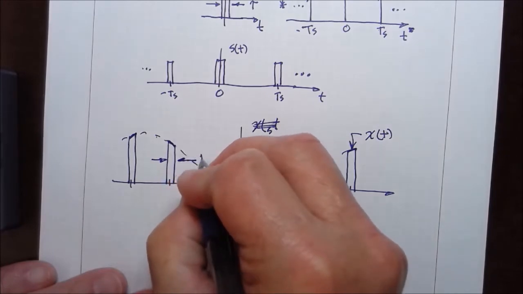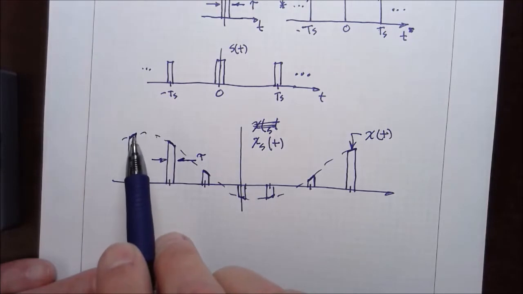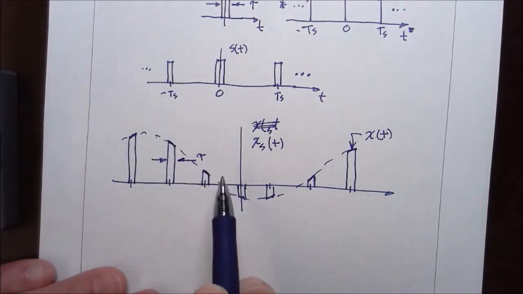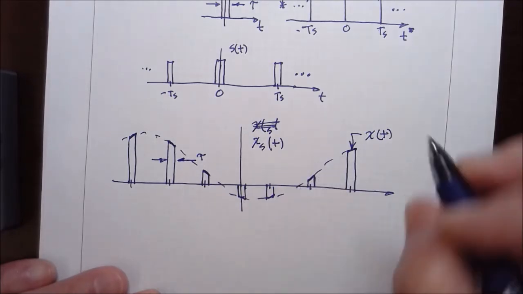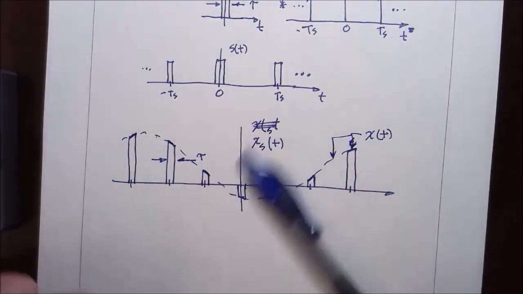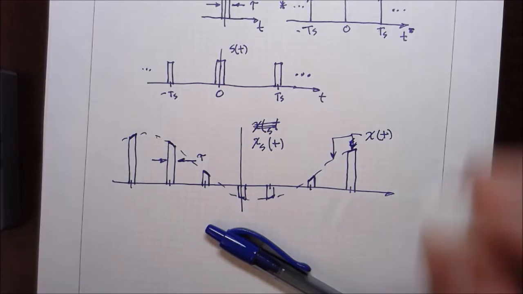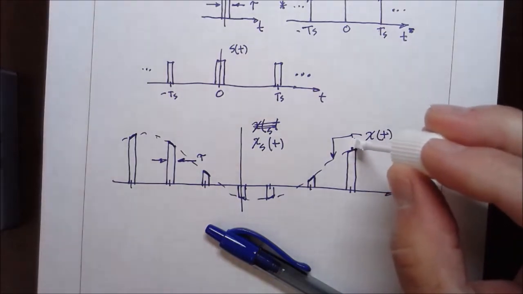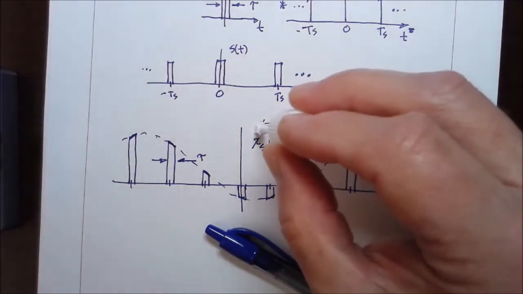They have a width of tau, each of them, and the rectangles are now scaled by the value of the message signal.